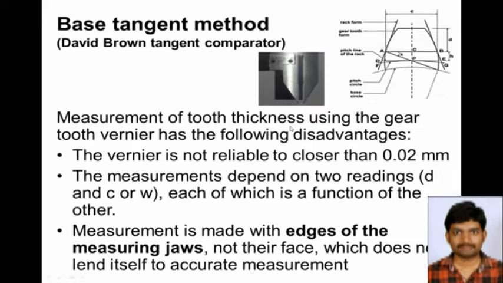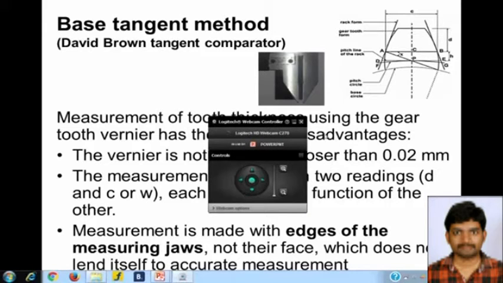Now we will move on to another method, that is the base tangent method. This method uses an instrument called the David Brown tangent comparator, or we can use a flange comparator.